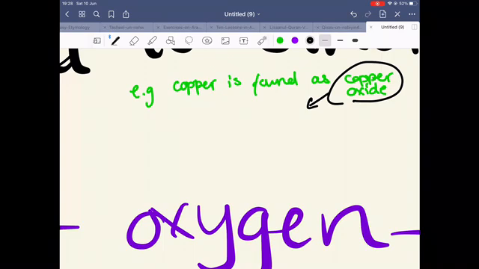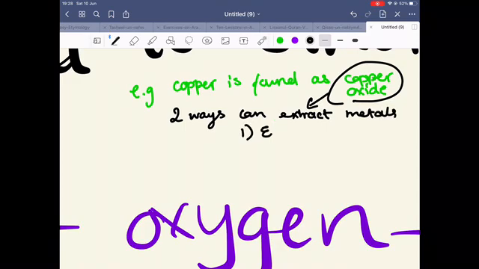So that's why we use gold and silver as jewelry, because then they don't react with water and oxygen like copper and iron would. So we do need extracting methods for metals such as copper and sodium, but we don't need to extract gold and silver because they are naturally found as uncombined. So they're not found as gold oxide, for example.